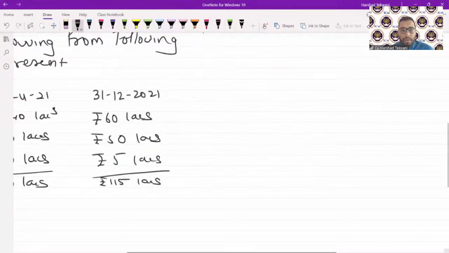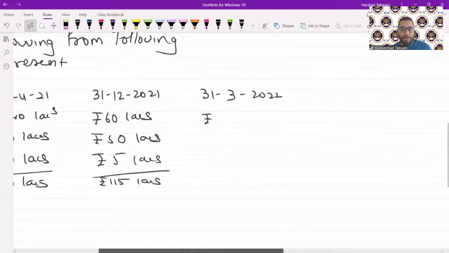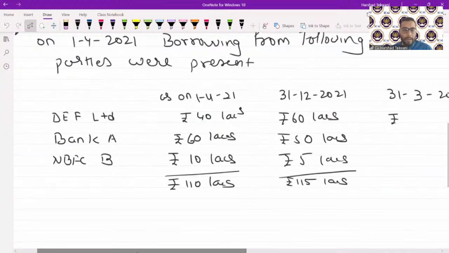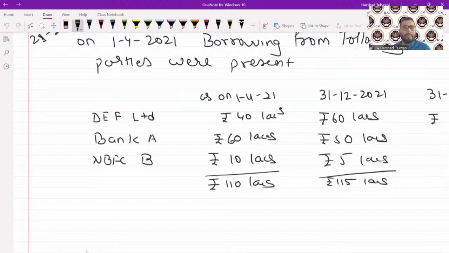As on 31st March 2022, borrowings from DEF Limited, okay. Let's say DEF Limited is a holding company. Not holding, or let's say shareholder. It's one of the shareholders.